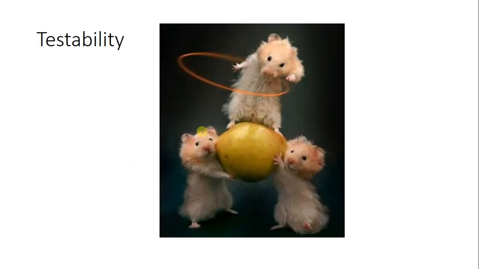And next is testability. Testability means the software should be easy to test. For instance, sometimes it happens that some parts of the software are not testable, and those parts which are not testable definitely will not be usable.